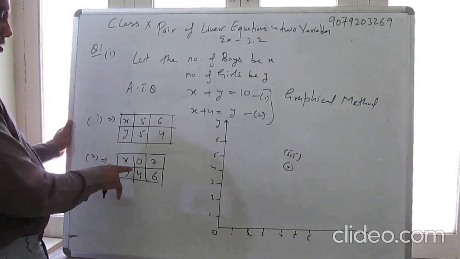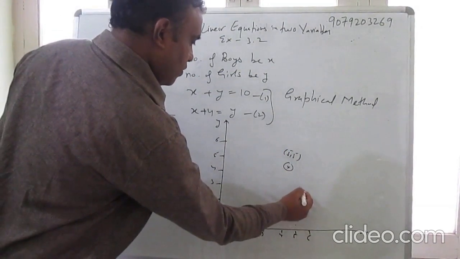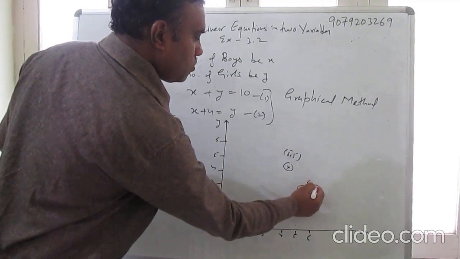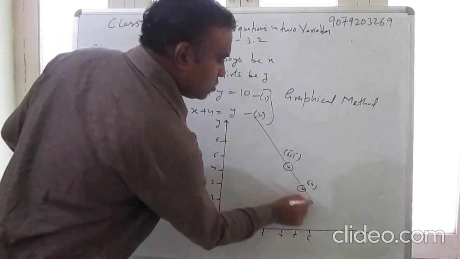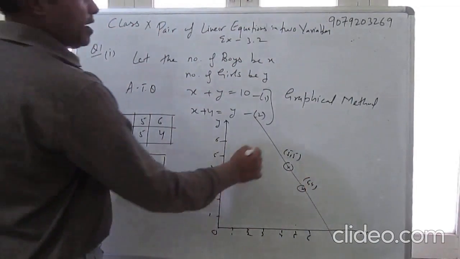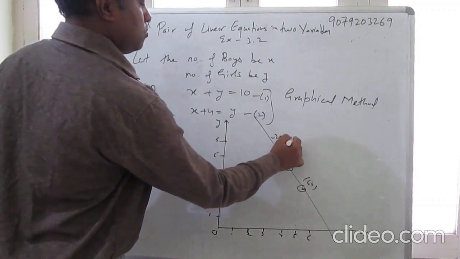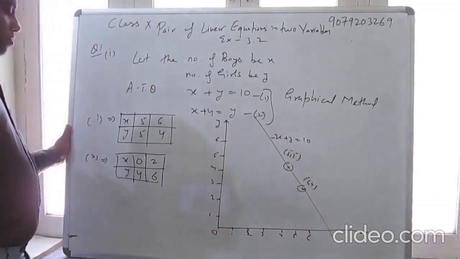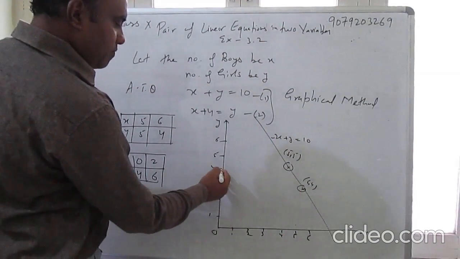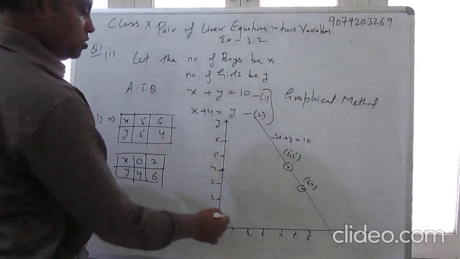Now 6, 4: 6 here, 4 here. Draw this line, joining these points. So this is the line of equation 1, x plus y is equal to 10. Now 0, 4 and 2, 6.